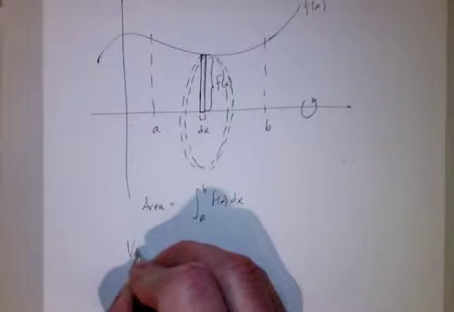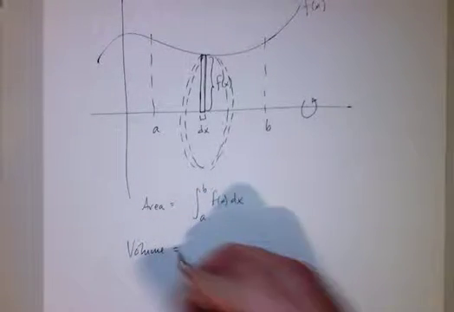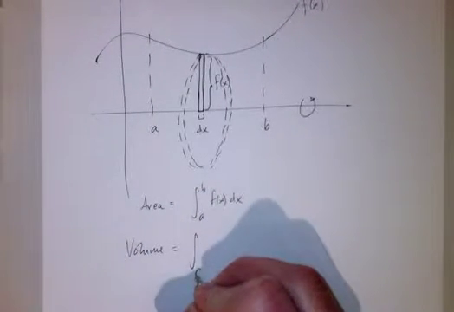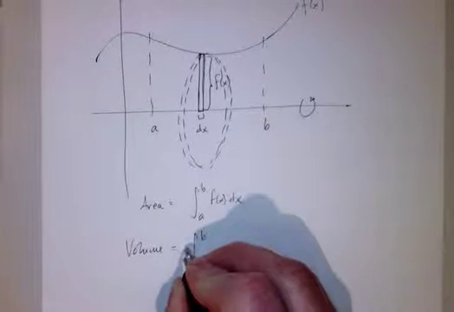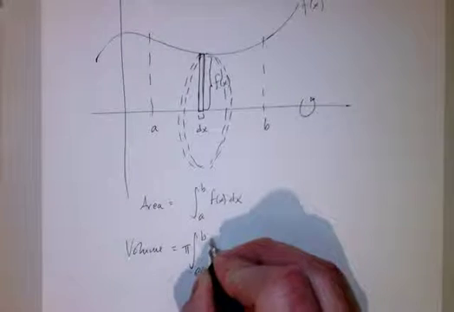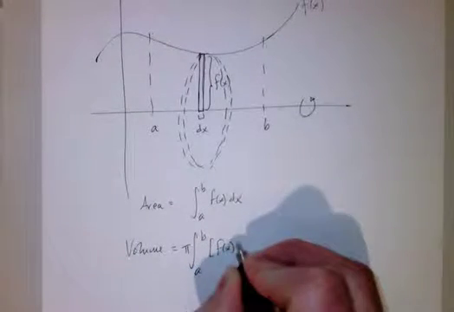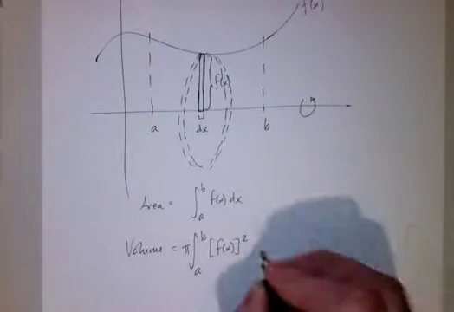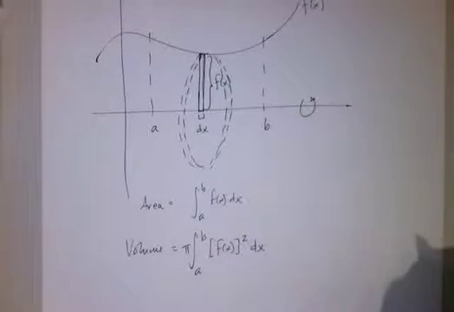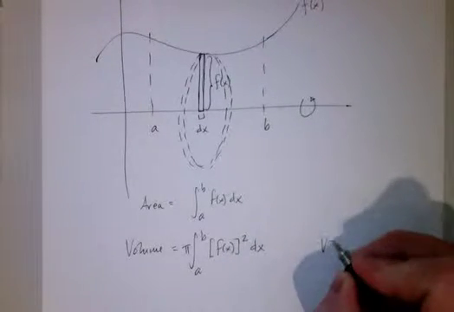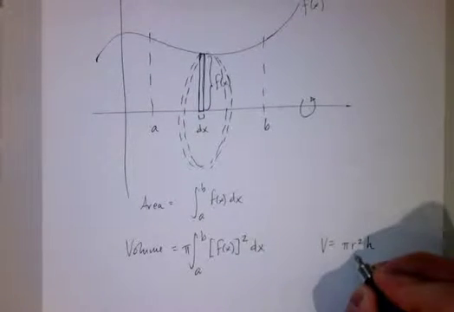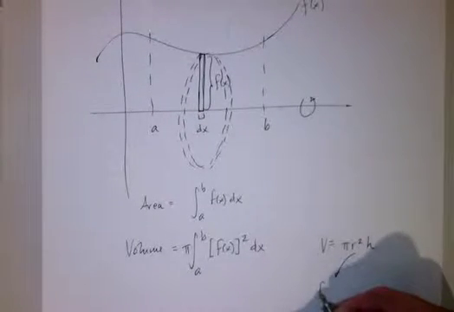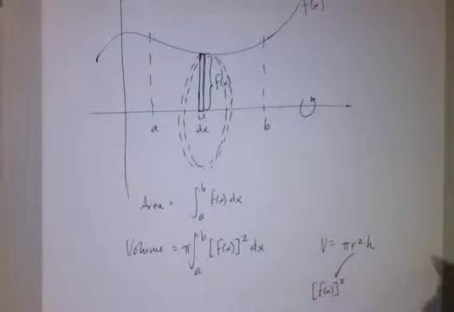The volume of revolution, since I've already told you that your f of x is your radius, is going to be pi r squared, right? Because the volume of a cylinder is pi r squared h. Your r squared becomes f of x squared because that's the variable representation of our radius.